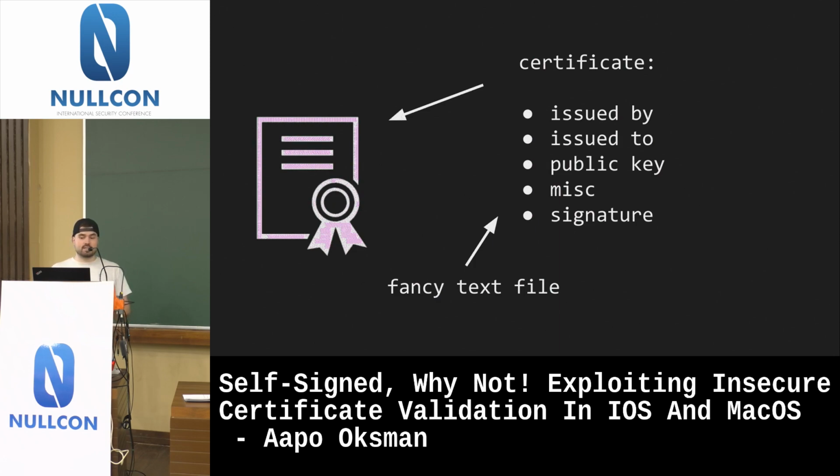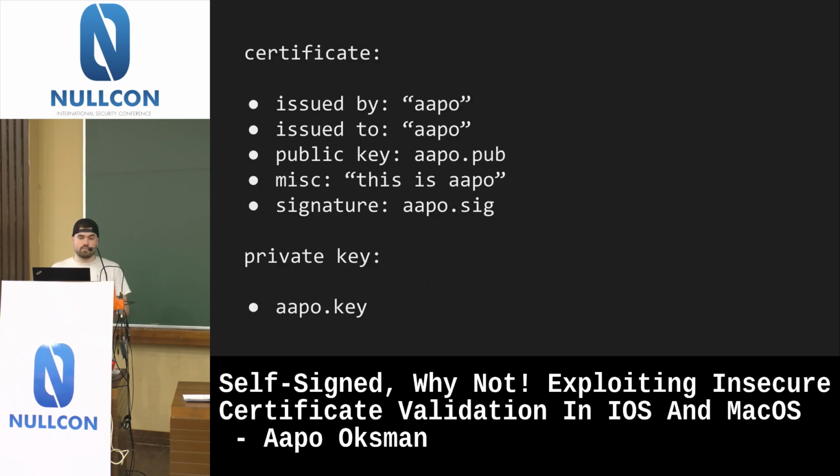But in essence, it's just a fancy text file containing this information. So we can have a certificate issued by Aapo, issued to Aapo, with a public key, some miscellaneous information, like this is a certificate for Aapo, and a signature. And this is just information inside a file.